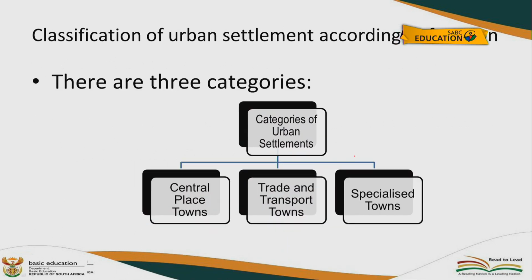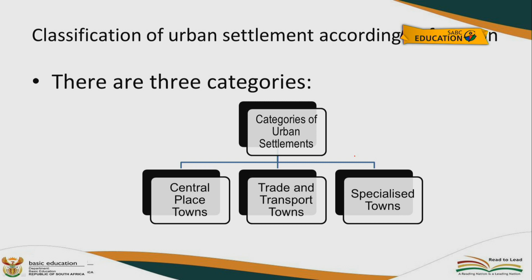Okay, here we are talking about the classification of settlement according to function. So we classify settlements according to function. There are three categories of this classification of settlement: the central place, trade and transport towns, and specialized towns.